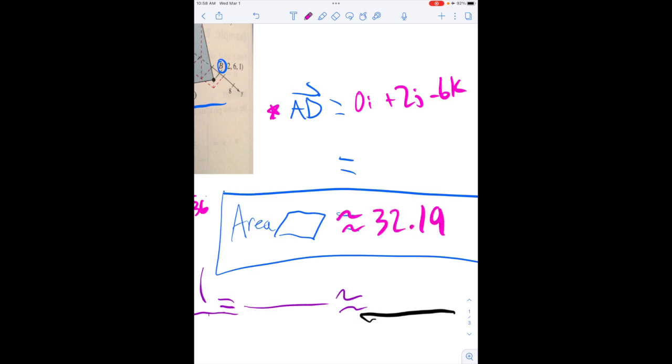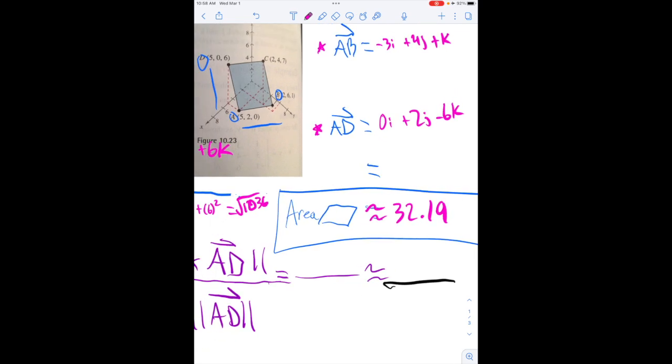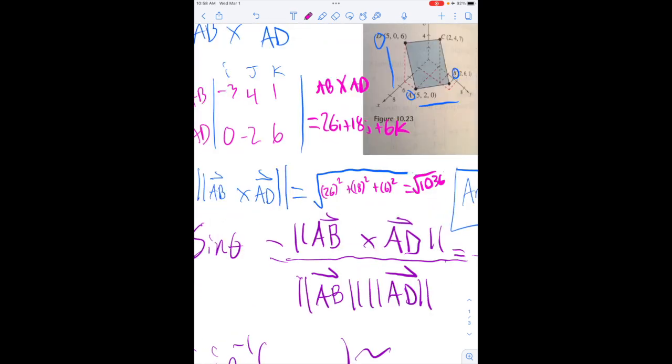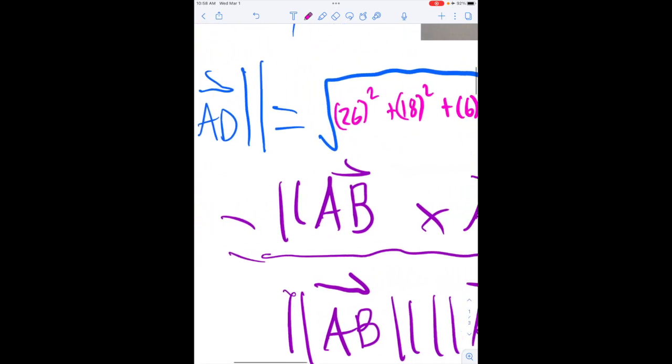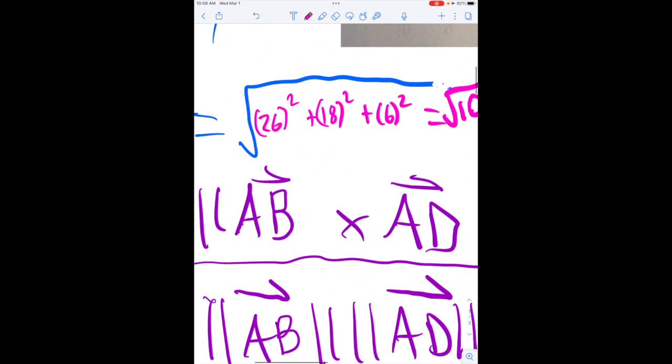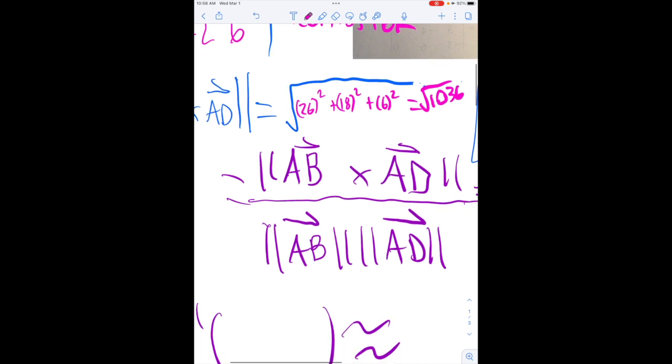And if we wanted to see if it was a rectangle, again, rectangles have 90-degree angles. I am going to say that sine of theta equals the magnitude of AB cross AD, all over just the magnitude of AB multiplied by the magnitude of AD. Again, multiplying versus cross product is way different.